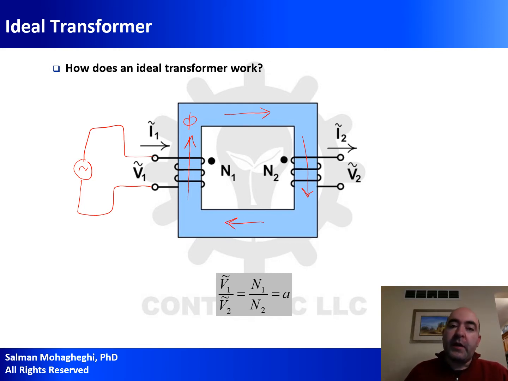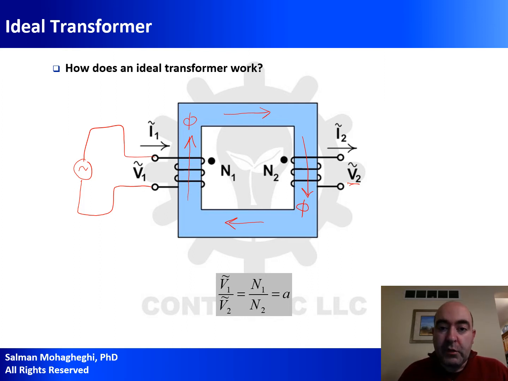Now recall what Faraday's law says. If you have a magnetic flux that crosses a winding, crosses a coil, it will induce a voltage in it. So here, I have a magnetic flux phi, which is crossing my secondary winding. Therefore, it will induce a voltage in that winding, which I'm referring to here as V2.